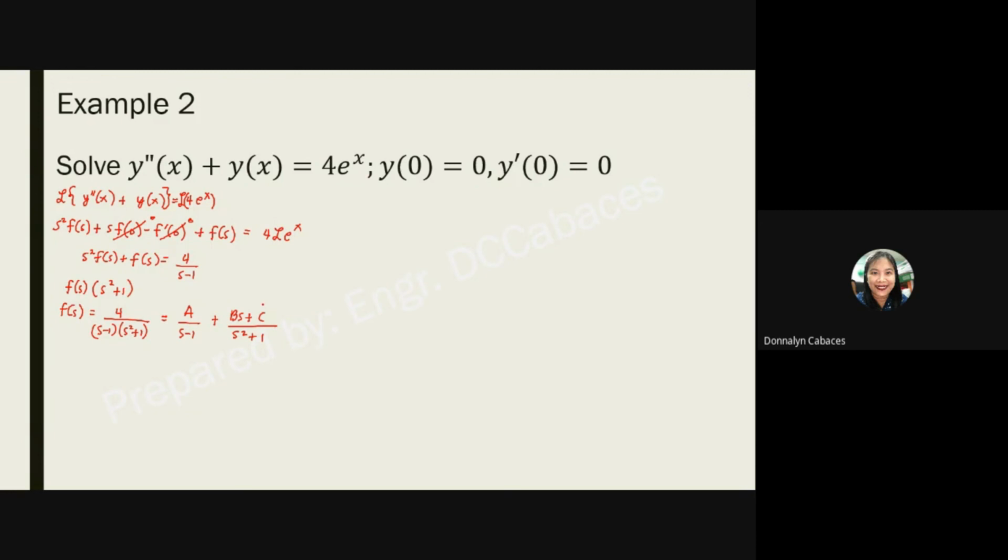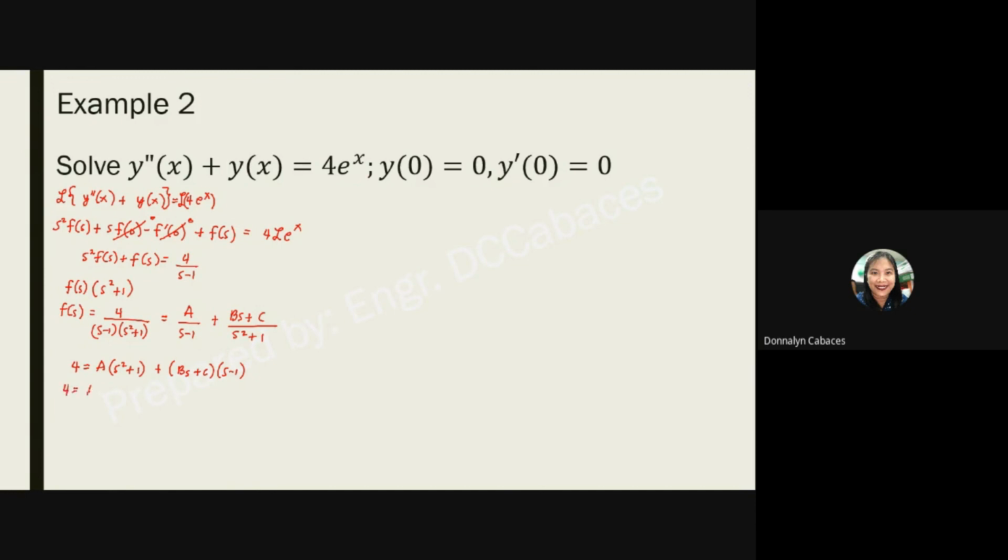Now we are to find the values of A, B, and C. We multiply both sides by s minus 1 times s squared plus 1. So you have 4 is equal to A times s squared plus 1 plus Bs plus C times s minus 1.